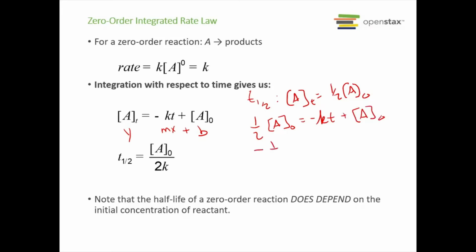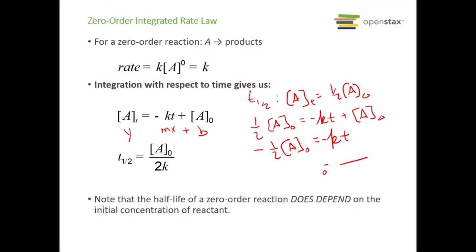And then you get negative 1/2 times [A]0 equals negative kt. Multiply both sides by -2, because then we get [A]0 by itself. So now [A]0 is equal to positive kt.